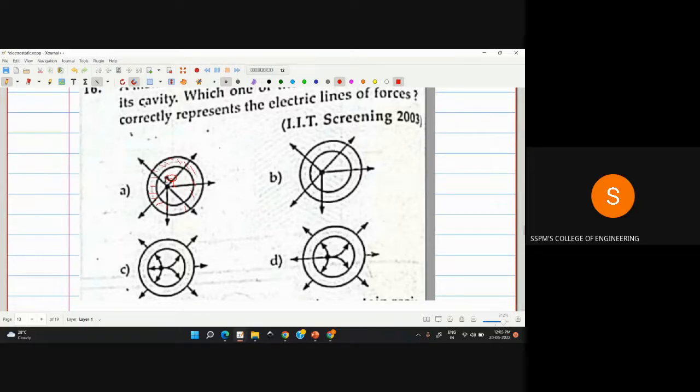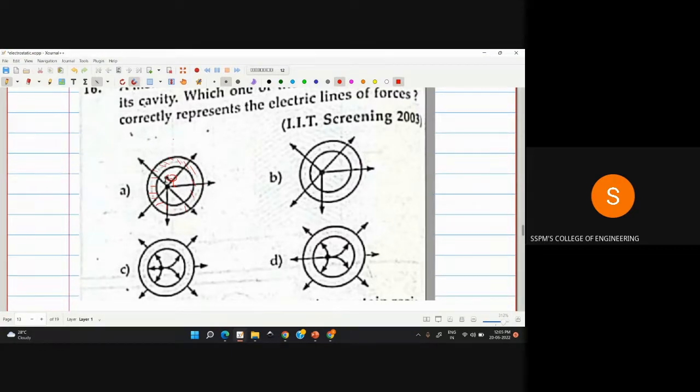Now look at the representation of lines of field. So this is a shell and the charge is placed inside the body. So the line of field is here passing through the conducting body. So this is not a valid representation of lines of field, because the electric field cannot pass through the metallic body.